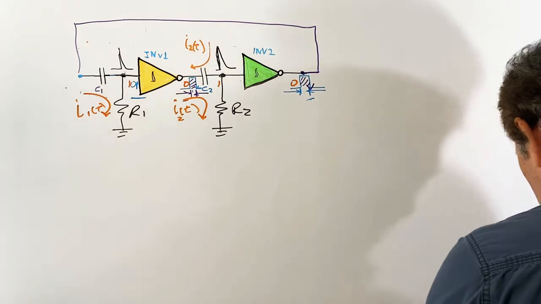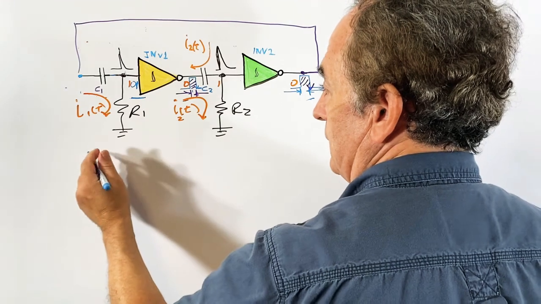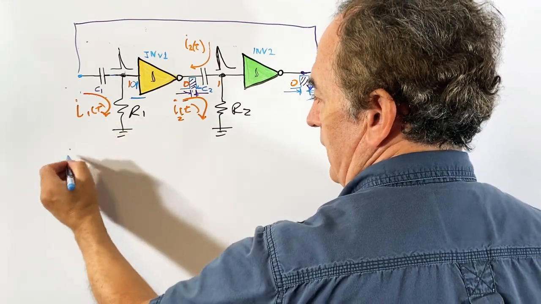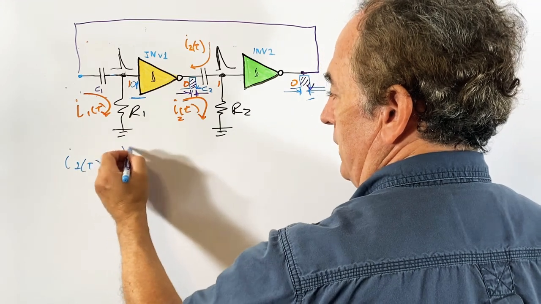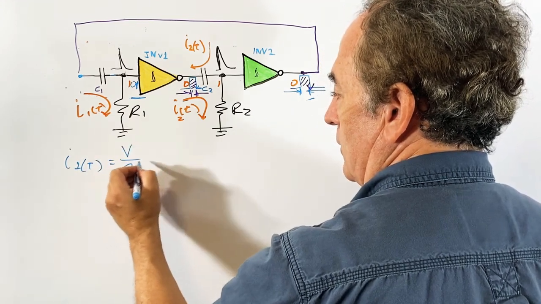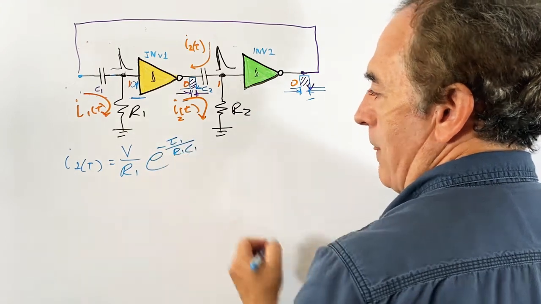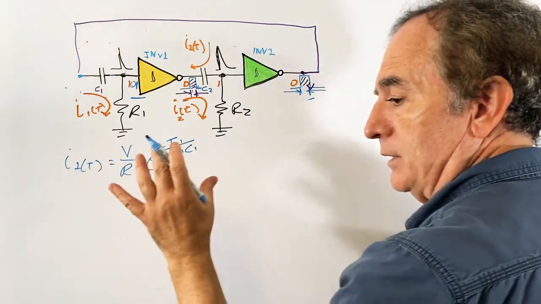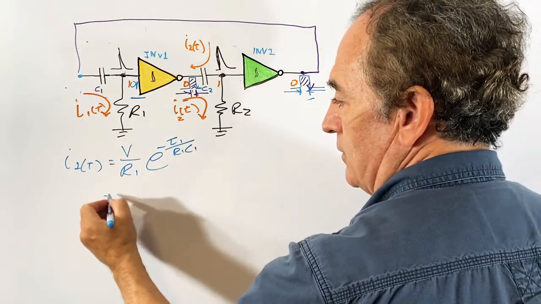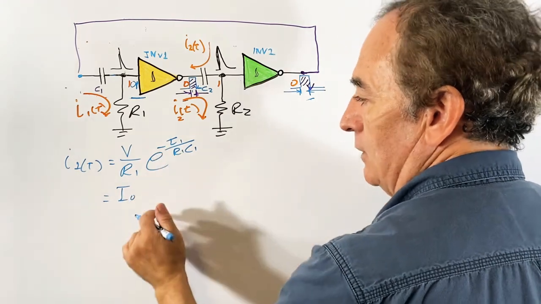From those equations, you will get, remember, we can define I1 of t equal to V over R1 times e to the negative T1 over R1 C1. So this is the maximum current at time equal to 0. This is why some authors define it as I0, the initial current, which is the maximum.